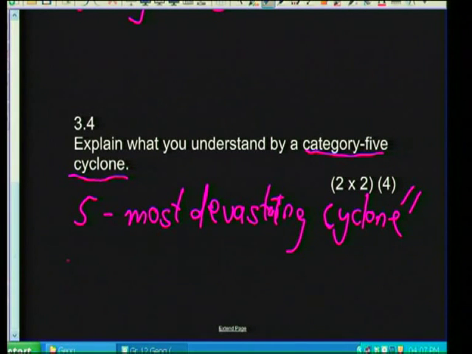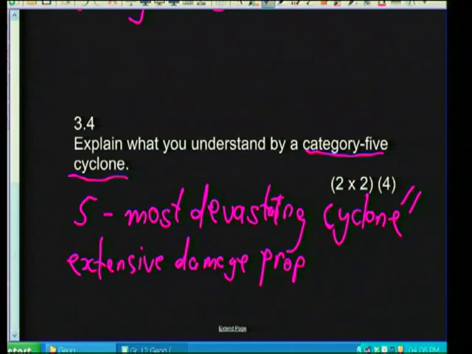All right, so for instance, causes extensive damage, let's say, to property. Or we can say to infrastructure.